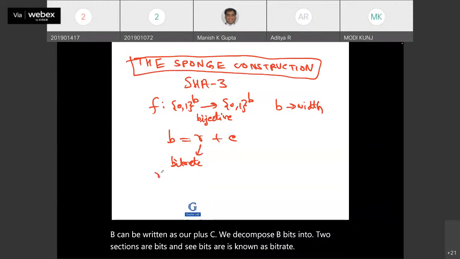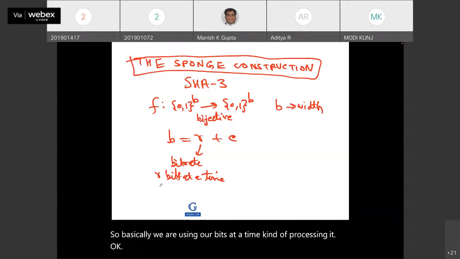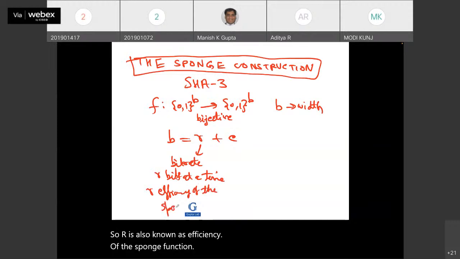So basically we are using r bits at a time, kind of processing it. r is also known as the efficiency of the sponge function. And c is known as capacity. This affects the security.